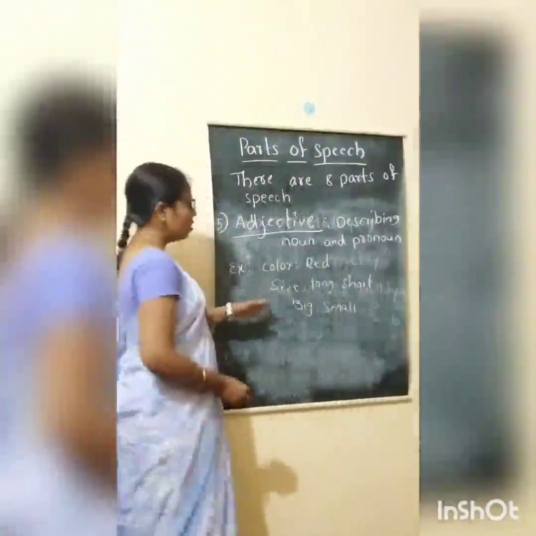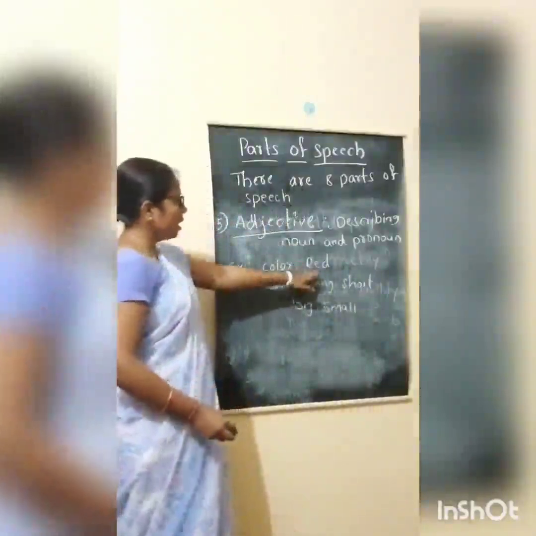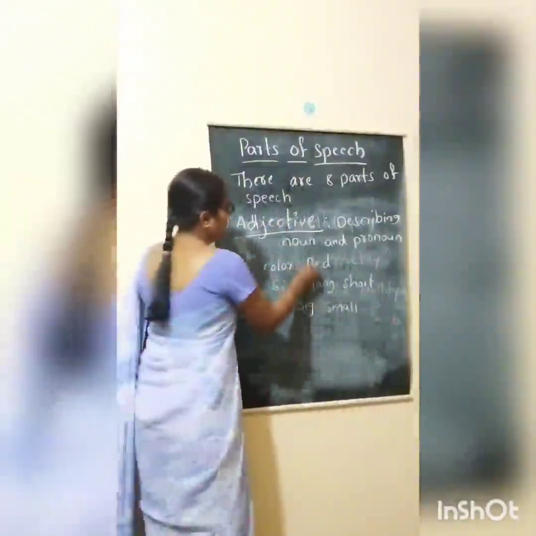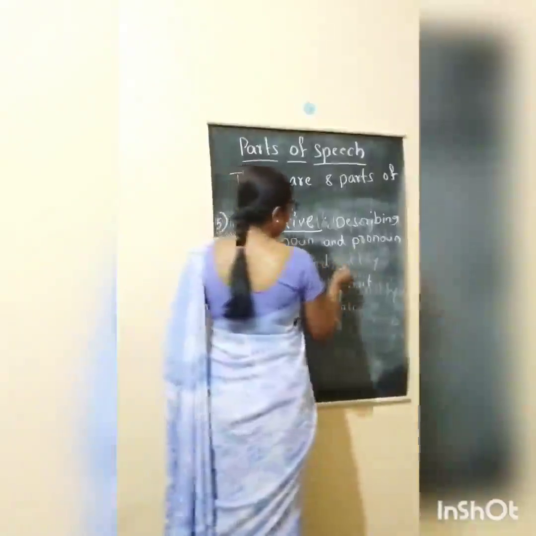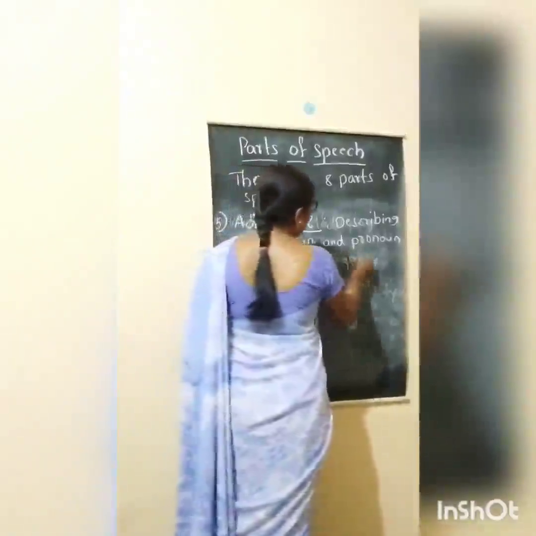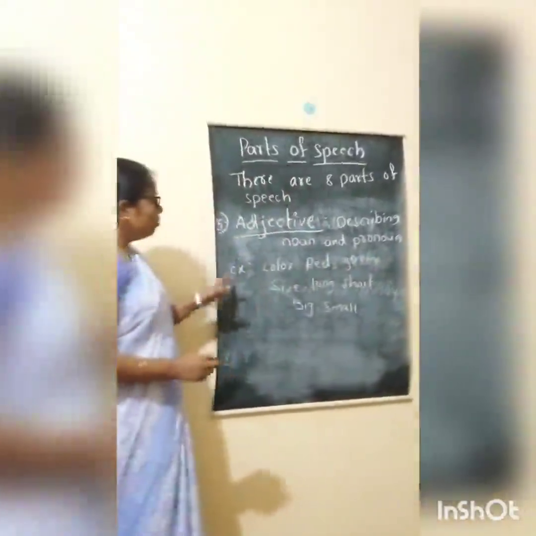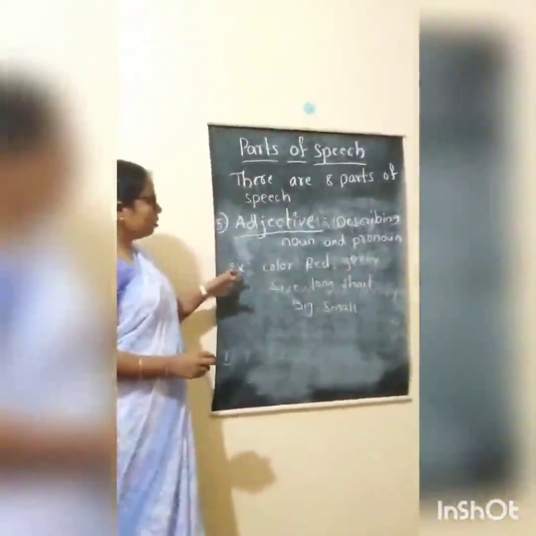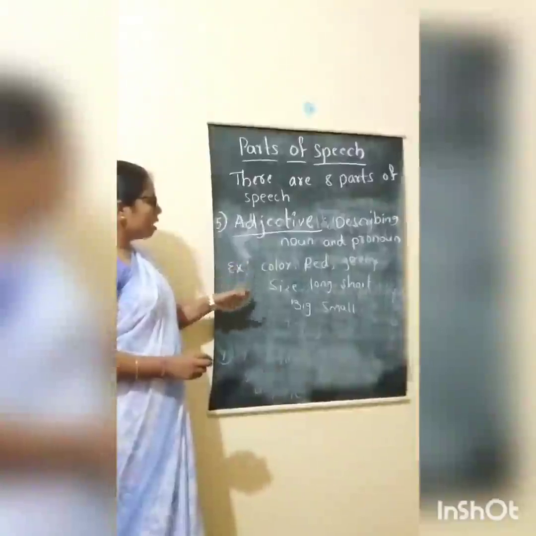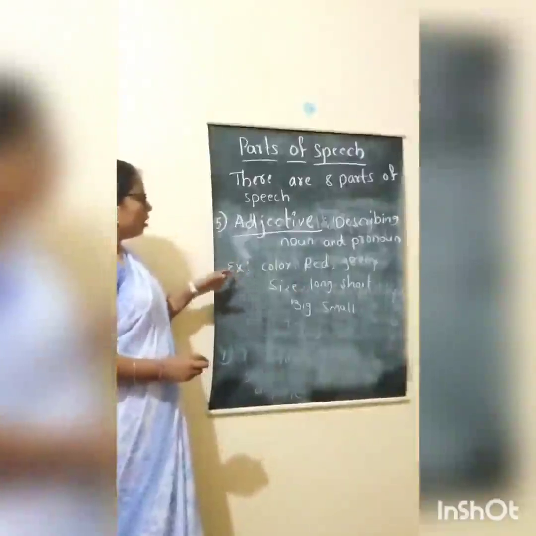If this type of words come, color in the sense red color or any color, green, these are called adjectives.